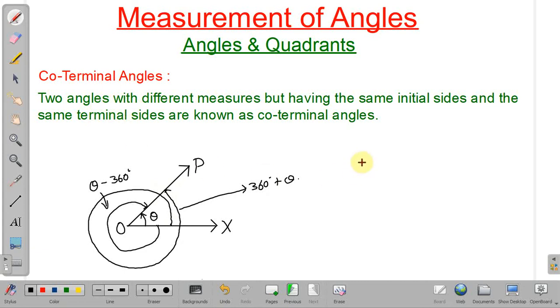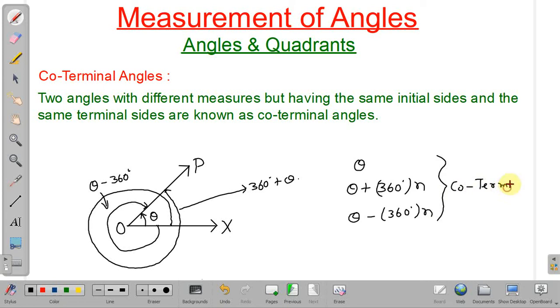So we can say co-terminal angles of theta are theta plus 360 degrees times n, where n is an integer, or theta minus 360 degrees times n.